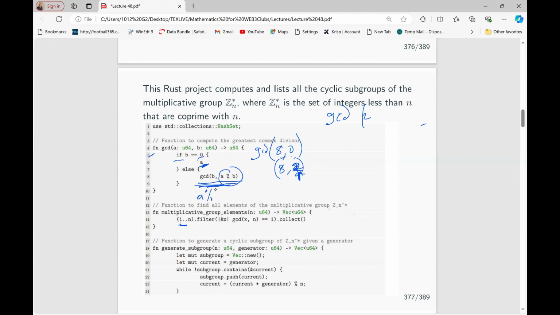It means you write the remainder when A is divided by B. So you make a call for B and the remainder of A on division by B.